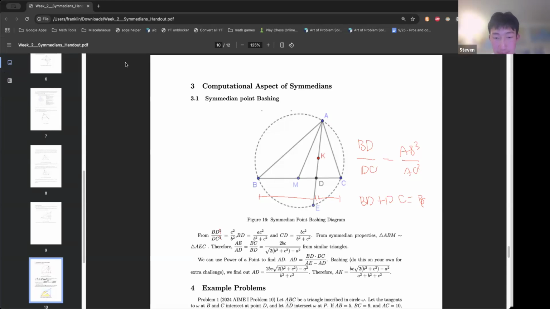All right, great. From the symmedian point properties, which are geometric ones, triangle ABM is going to be similar to triangle AEC. This result is going to be very useful to bash out the length of AE. Does that make sense of why they're similar? Would anyone give a proof of why triangle ABM is similar to triangle ACE?